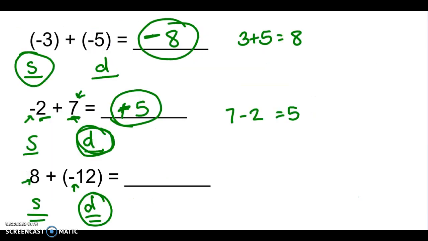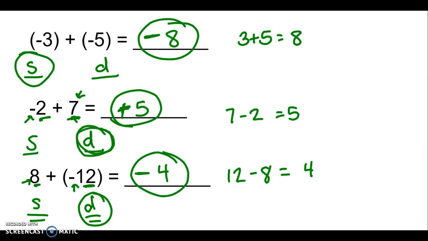So let's look at the signs first. We should be asking, is 8 bigger or is 12 bigger, just as a value? 12 is always going to be bigger than 8, and since the 12 is negative, my answer is going to be negative. And then I'm going to subtract the two values without any signs. 12 minus 8 gives me 4, so my answer will be -4.